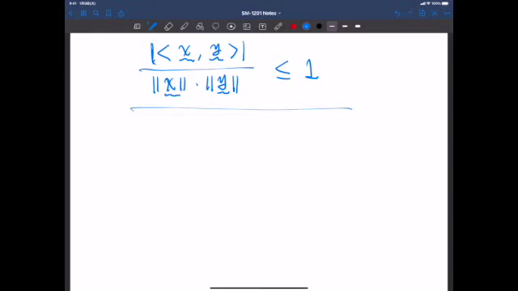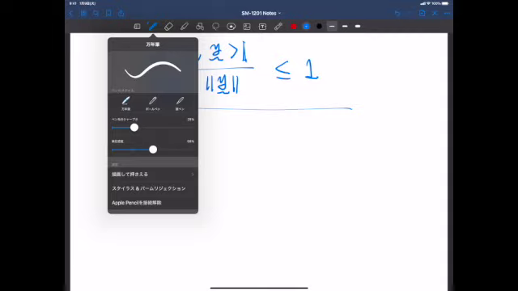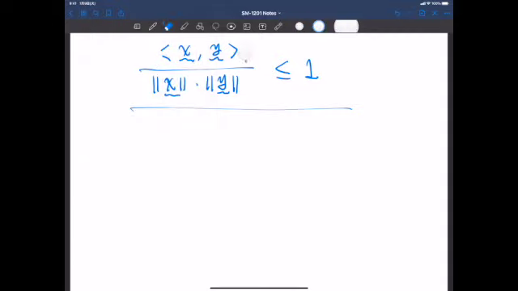If we get rid of this absolute value, then this is between -1 and 1. Therefore, we can define the angle between two vectors x and y by this equation.